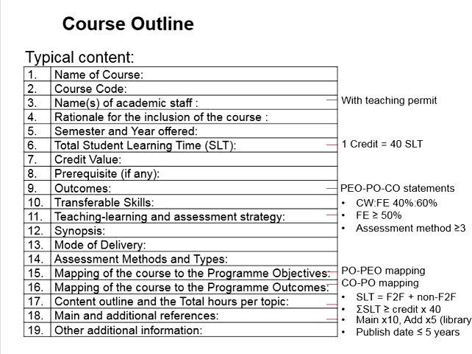Among the important information include the student learning time (SLT), the transferable skills, the delivery methods and the assessment methods, the course outcome and their relationship with the program outcome, as well as the program objectives, and so on. It was mentioned that this course outline serves as the control to the lecturer, which we need to strongly abide by, according to the specifications as listed in the course outline here.